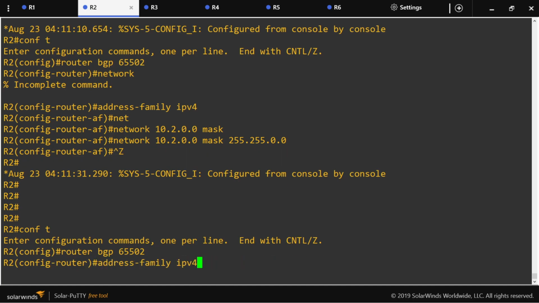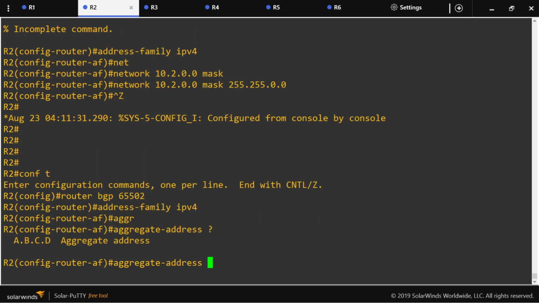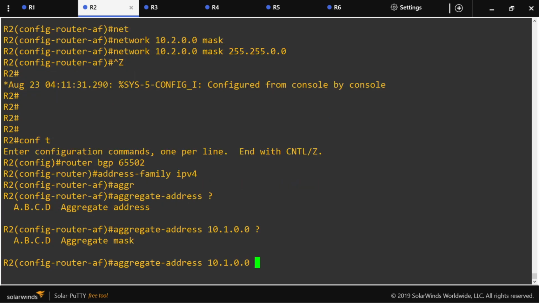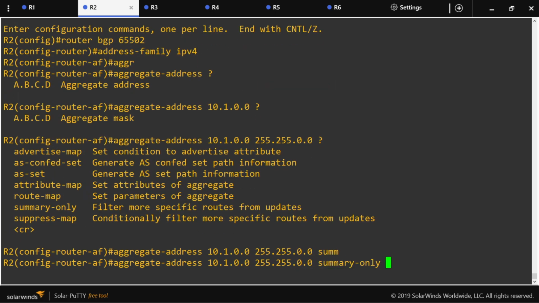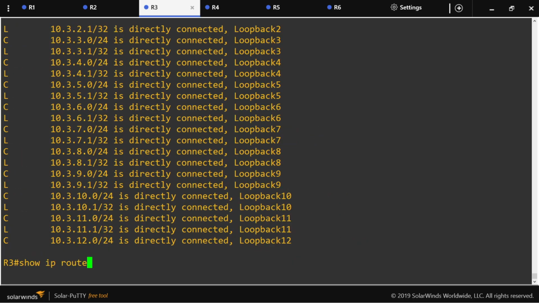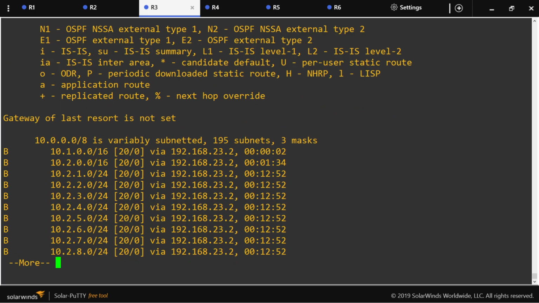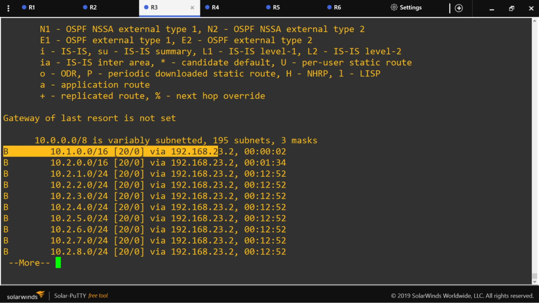So let's dynamically aggregate the other network. Aggregate address 10.1.0.0 255.255.0.0, and I will have to add summary-only in order to only send the aggregate address. So let's see. I just stopped sending all the 10.1 networks, and I am sending this summary only.